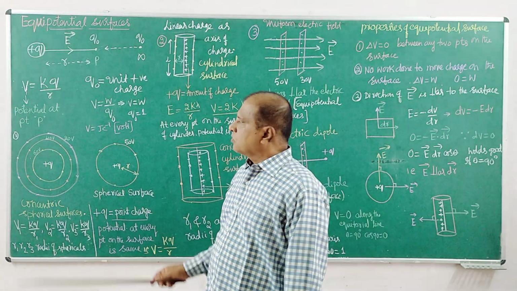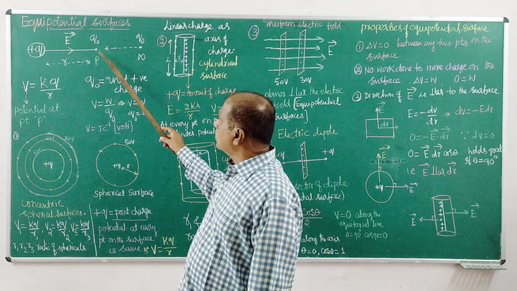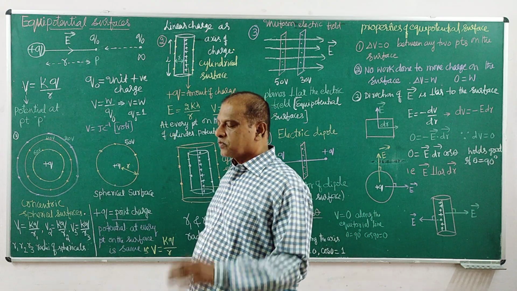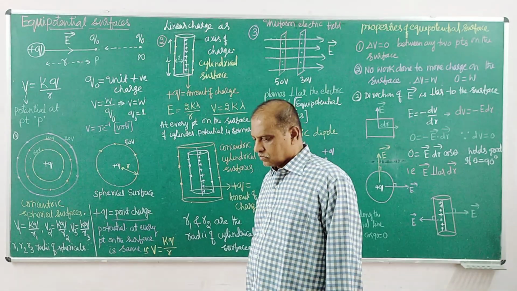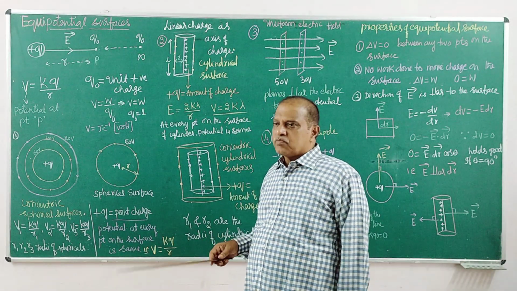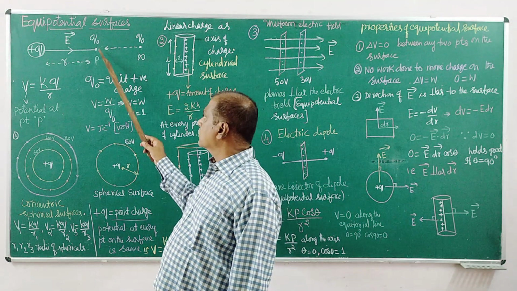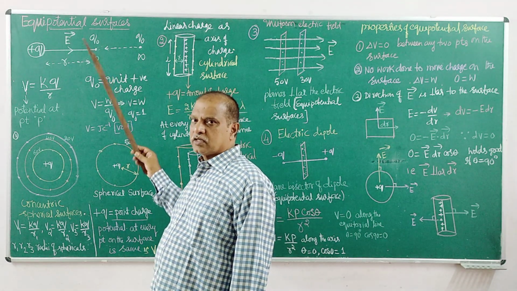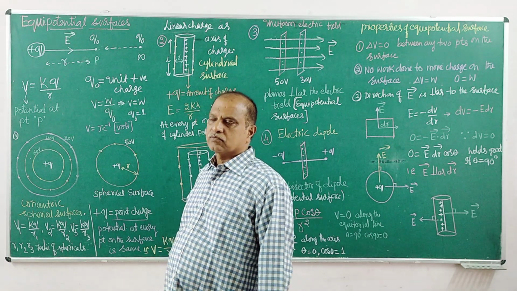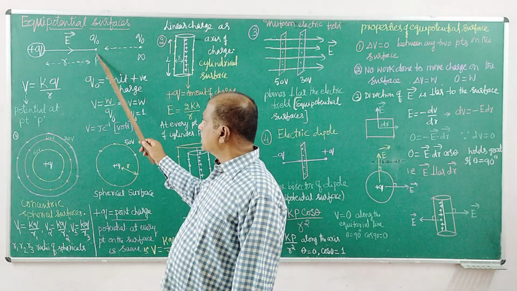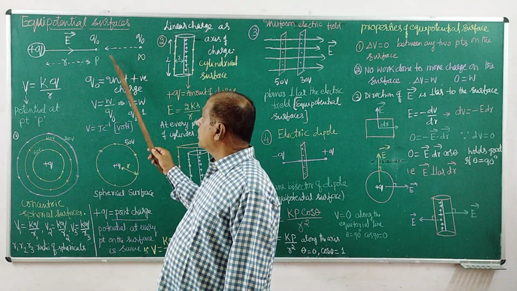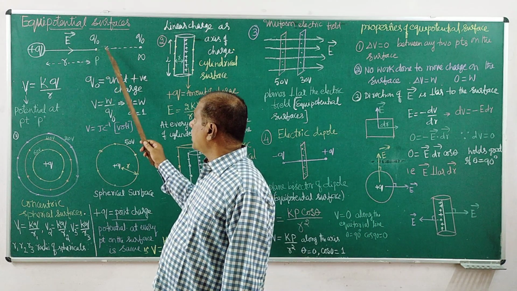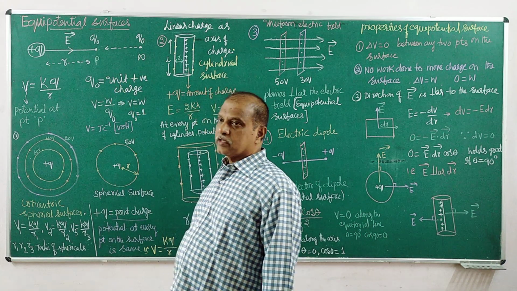While doing so, some amount of work is done. The work is done by the charge, because the charge is moving by itself, spontaneously. That amount of work done when the charge moves from this point to infinity is called potential.